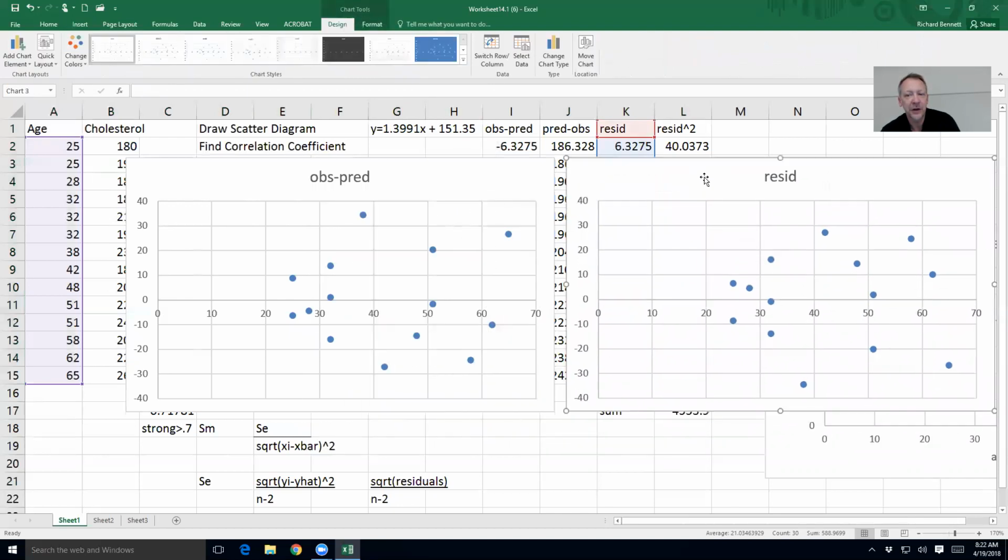Let's compare them side by side. What do you think? Just flipped upside down. Everything's flipped upside down. And the idea here is, the question is, are either of these graphs a null plot?